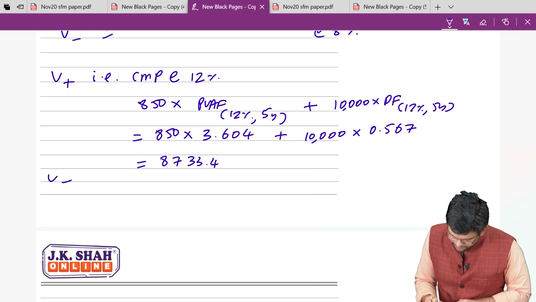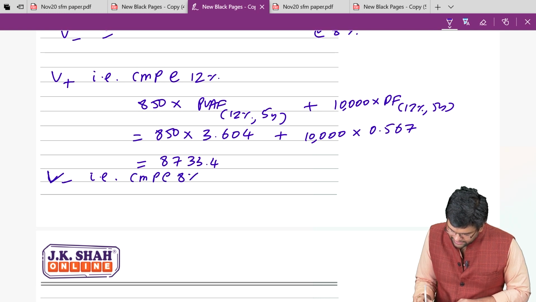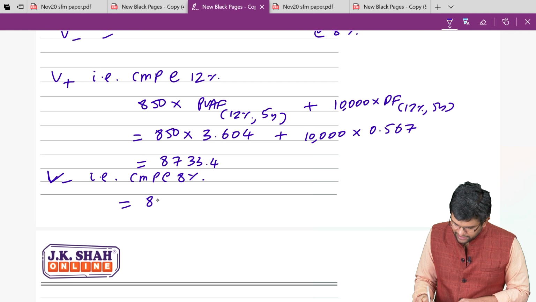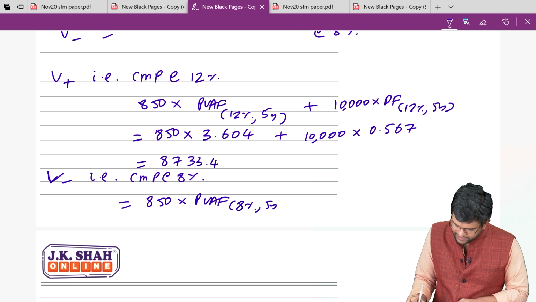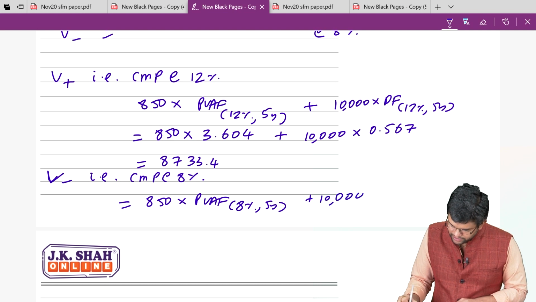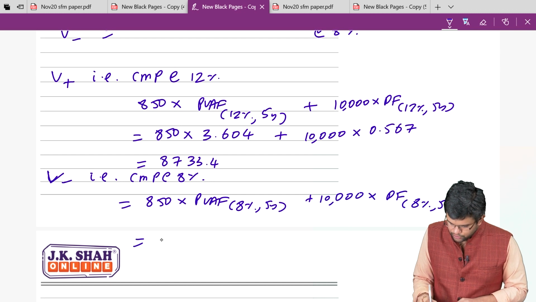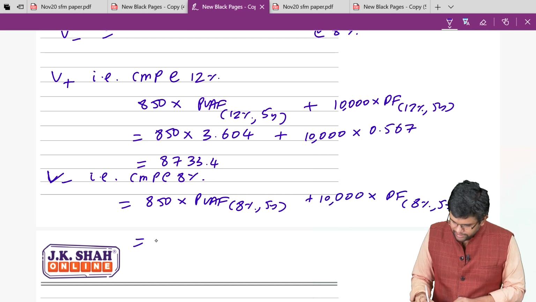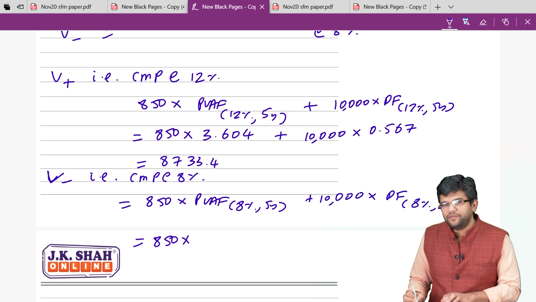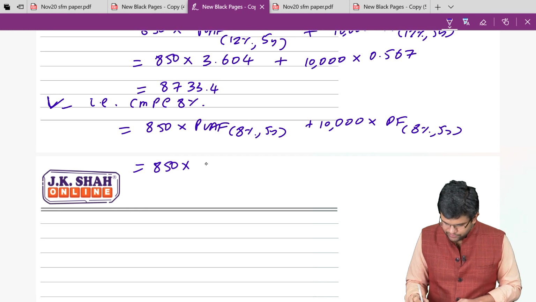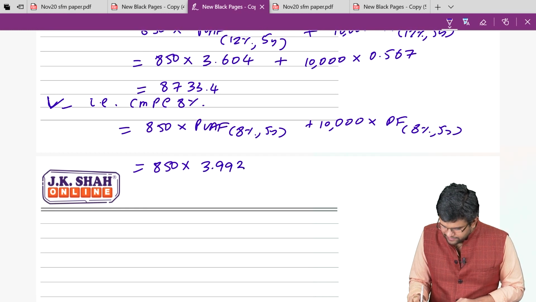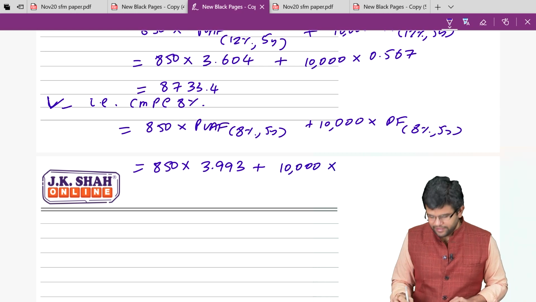Now let's do V minus, that is the current market price at the rate 8%. This will be again 850 into PVAF of 8% 5 years plus 10,000 into the discounting factor of 8% fifth year. So I'll write down 850 into PVAF 8% 5 years, which for 3 decimals is 3.993, plus 10,000 into the discounting factor 8% fifth year, which is 0.681.